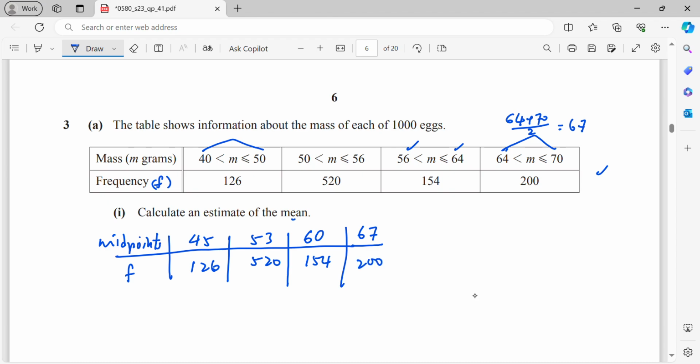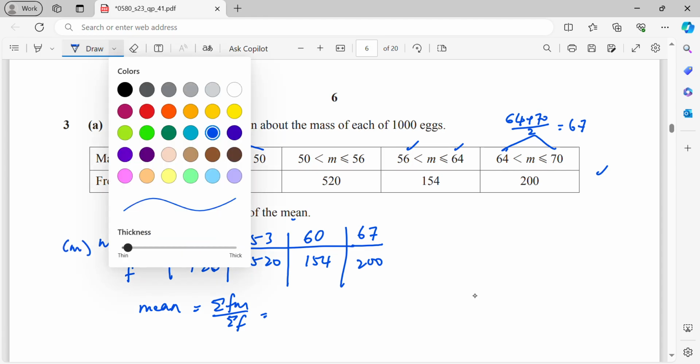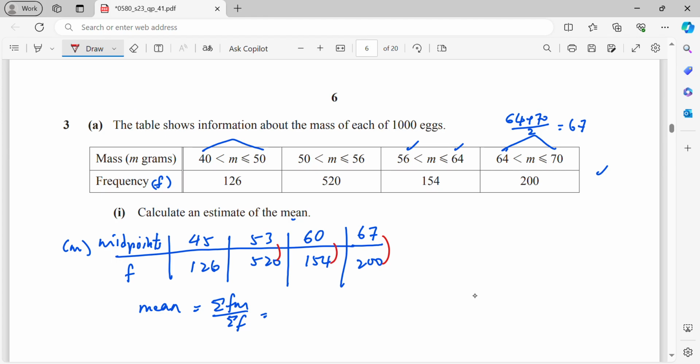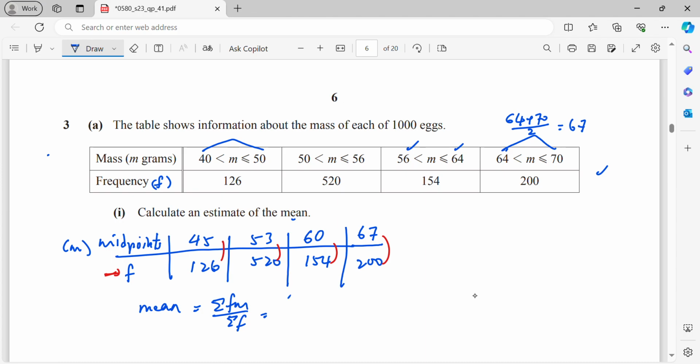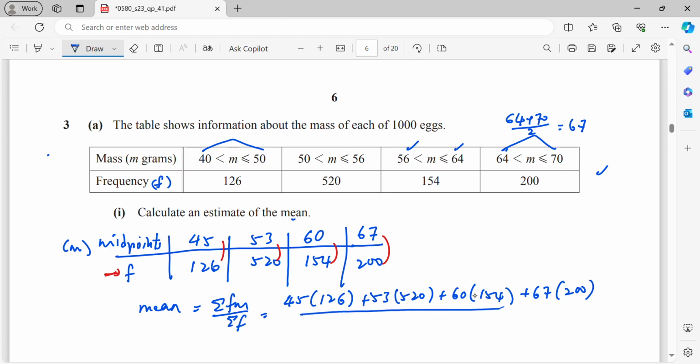Okay, so now to get the mean, our mean is summation Fm over summation F. That means this is your M. So you just multiply. Okay, so multiply and divided by total F. So that means here will be 45 times 126 plus 53 times 520 plus 60 times 154 plus 67 times 200 over the total F is basically given 1000.